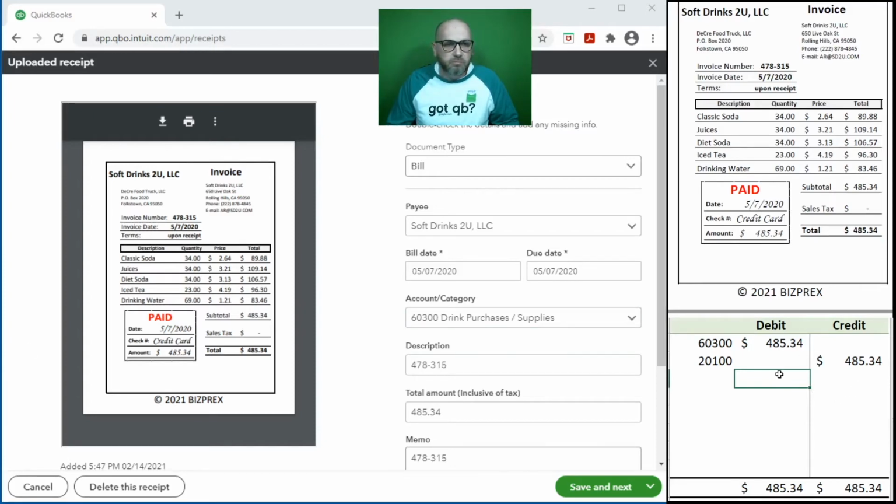So we're good, right? Debits and credits are in balance. This amount right here is a debit to this account, and it's also a credit to account 2100, even though it's not showing up on this interface. Again, just because it's not showing up doesn't mean it's not there, right? We have to understand that we're dealing with double entry accounting, and therefore there has to be equal sum of debits and equal sum of credits.